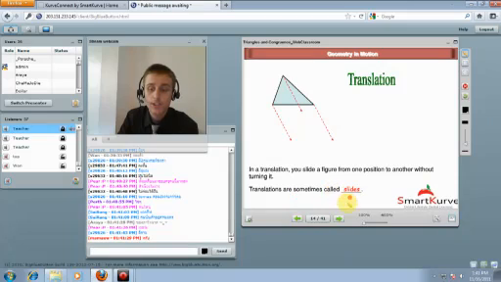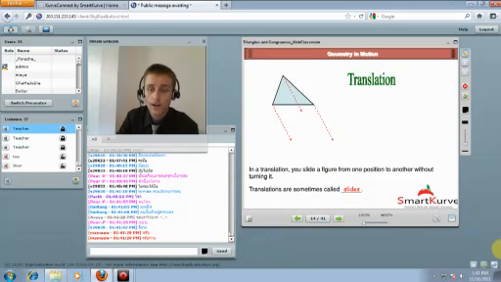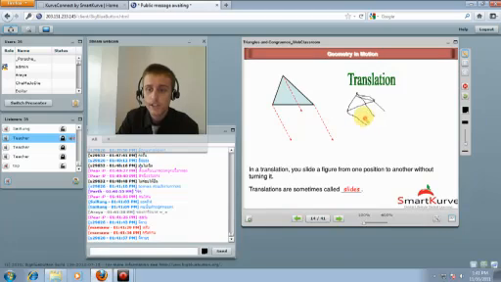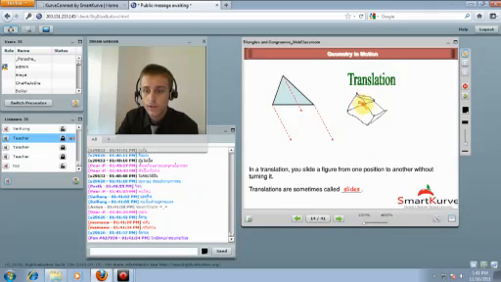Translations are sometimes called slides. All you do in a translation is move the figure. You would move the triangle without changing any dimensions or sizes. You're just moving it, so from point A to point B. That is a translation.